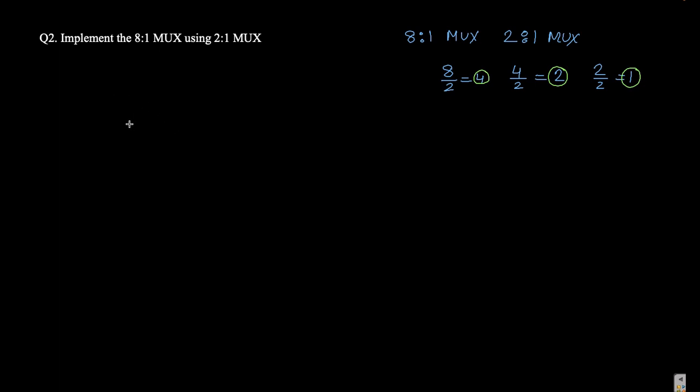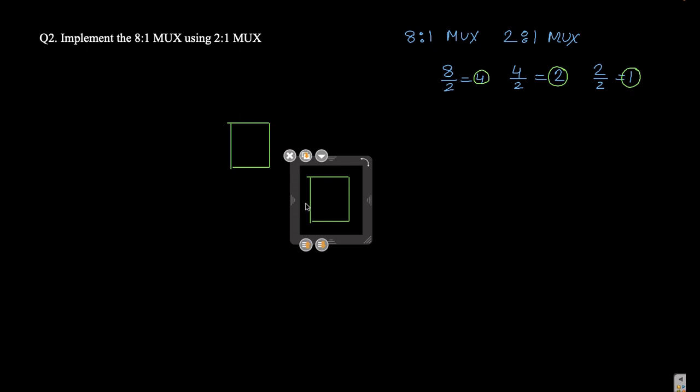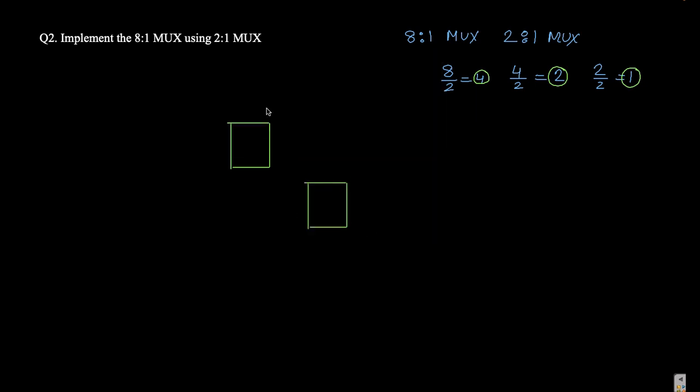Now just draw this, 1 2:1 mux. Just make a copy, just make a copy, 3, 4.